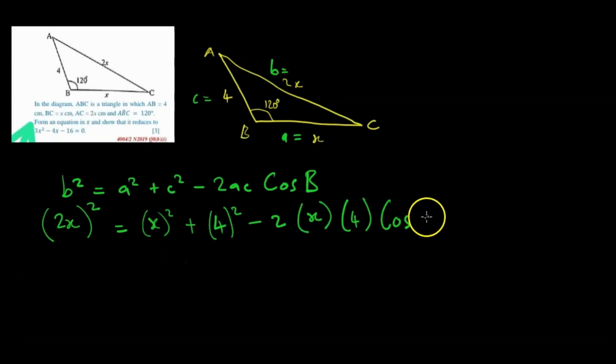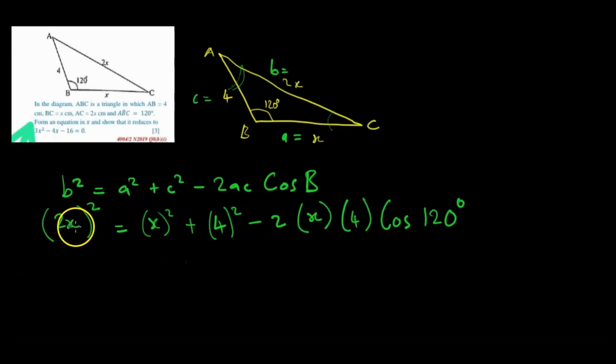This is the cos of 120 degrees. So the reason why we found this b is that we will need cos of b in the end; we could not find a because we don't have its angle, or c because we also don't have its angle. You understand? Okay. So we are here now, let us now solve.